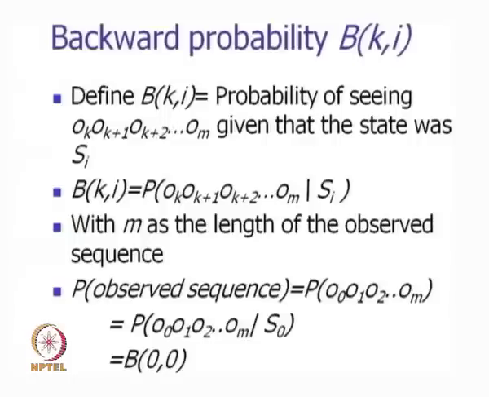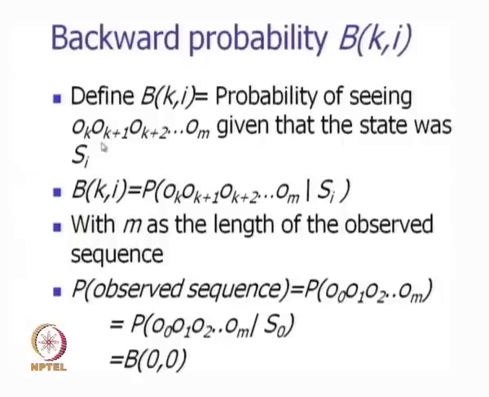B k i is the probability of seeing O k, O k plus 1, O k plus 2 up to O m, given that the state was S i. Just compare this with the definition of the forward probability. Forward probability says that we begin from the start of the observation sequence and go to the kth observation symbol, and then we note the state we are in from there.